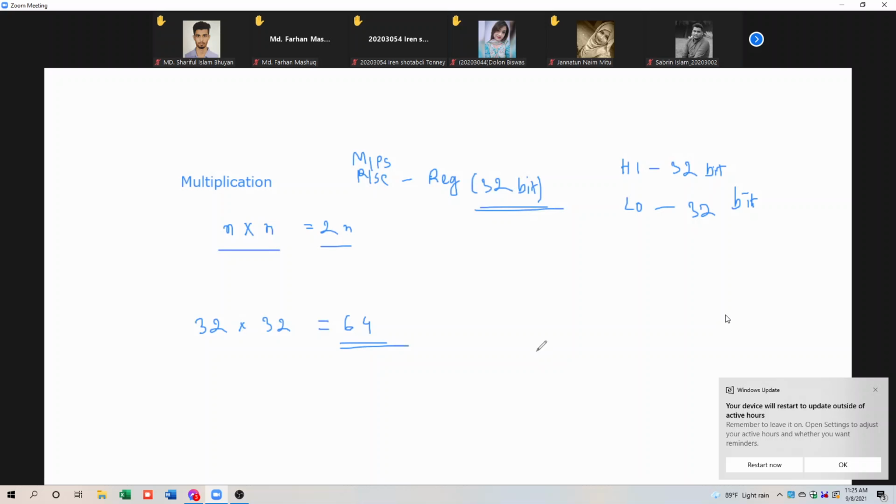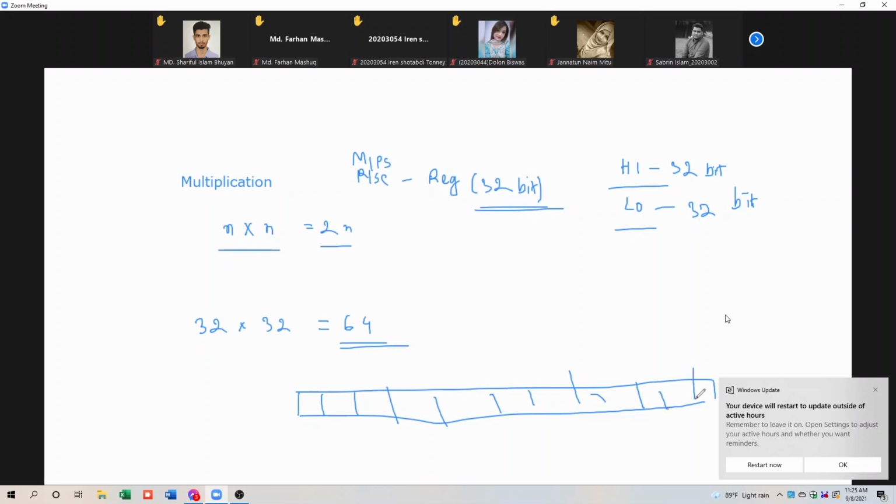Now we are going to use two special purpose registers, HI and LO. So this 64-bit number will be divided. Suppose this is your result and it's a 64-bit number. These are the bit positions, suppose this LSB 0, 1, 2, 3, 4, then 62, 63, 64.